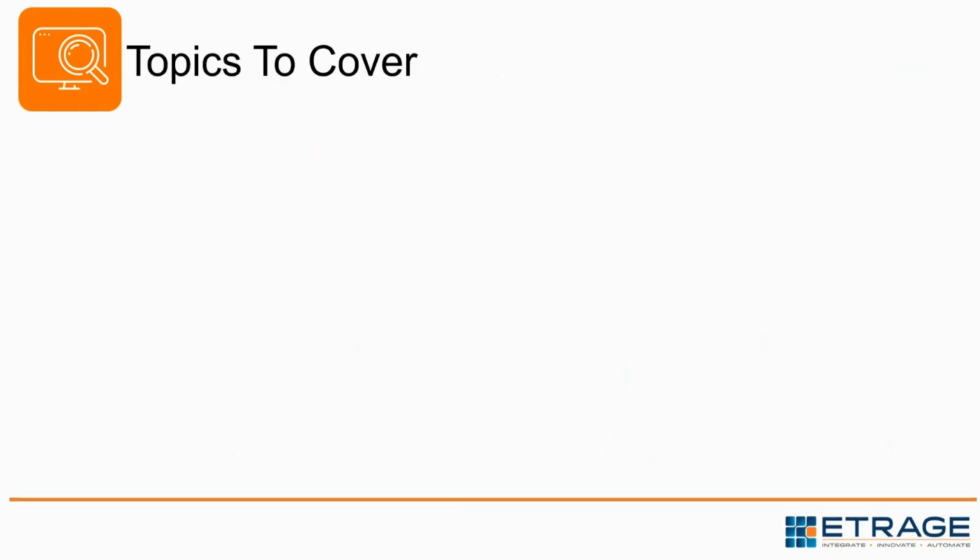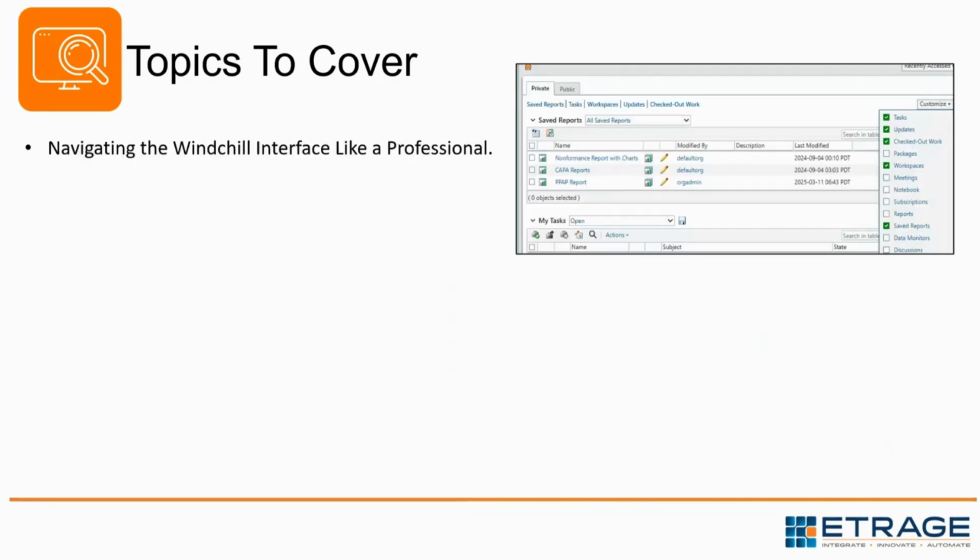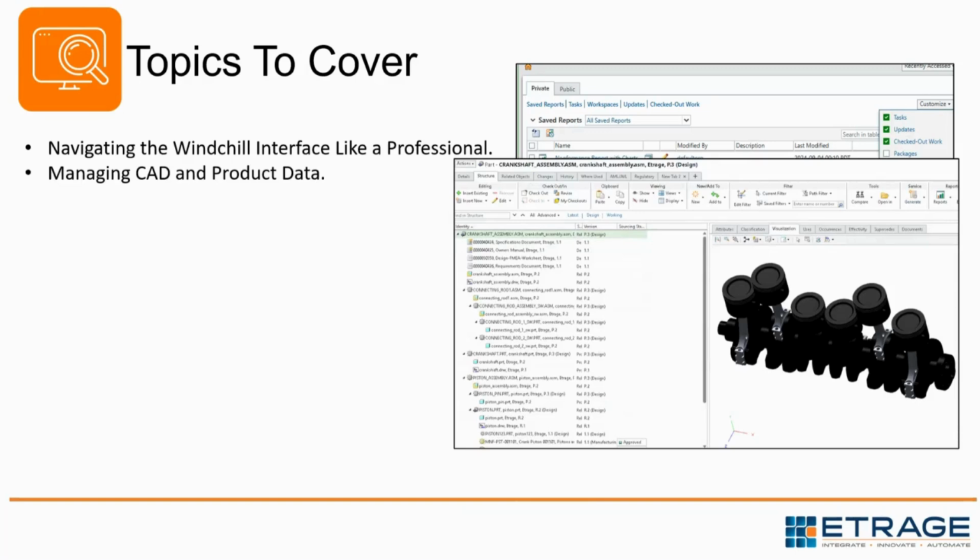Thanks, Sinead, and welcome everybody to today's webinar. So these are the topics that we'll cover today. I'm going to just cover the Windchill interface and making the interface work for you and have it cleaner with only the tasks or the tables that you need to use, and other tips on how to turn those on and off.